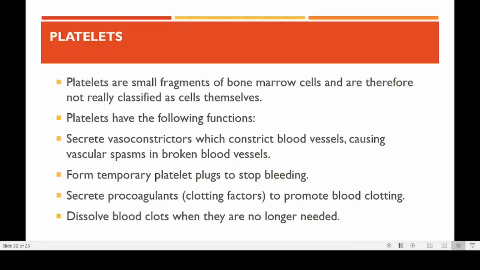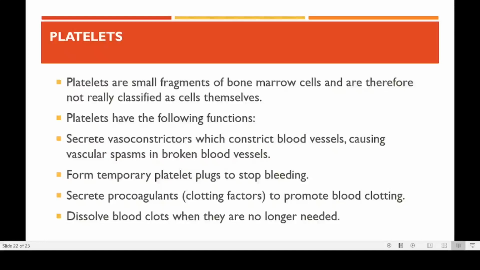So that's why platelets are only fragments of bone marrow cells. We cannot find a proper nucleus here, and they are very small, and they have a number of important functions.